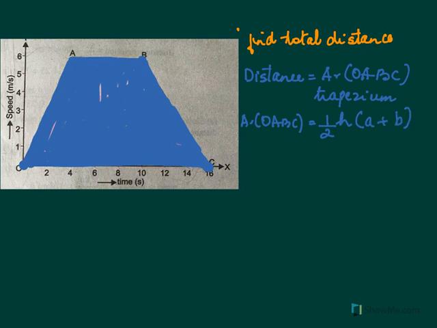Let's mark. This is the height of the trapezium, h, and it is 6. This is one parallel side, which we will mark as a, and the other parallel side is this one, which we will mark as b.